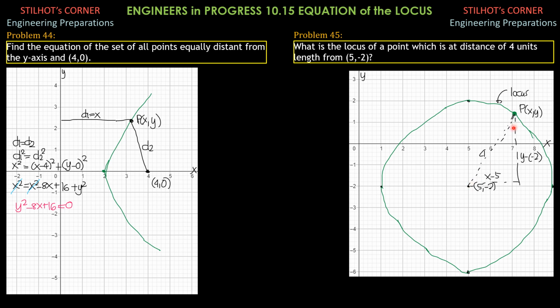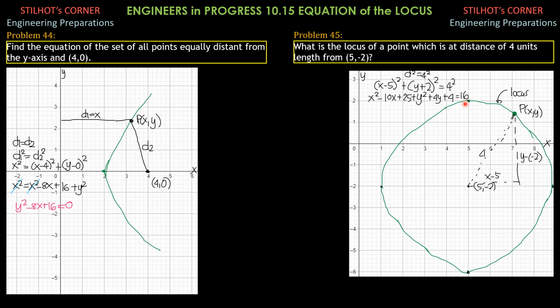So by the Pythagorean theorem, quantity (x minus 5) squared plus (y plus 2) squared equals 4 squared. So expanding, the distance squared is also 4 squared, this distance here. So x squared minus 10x plus 25 plus y squared plus 4y plus 4 equals 16.